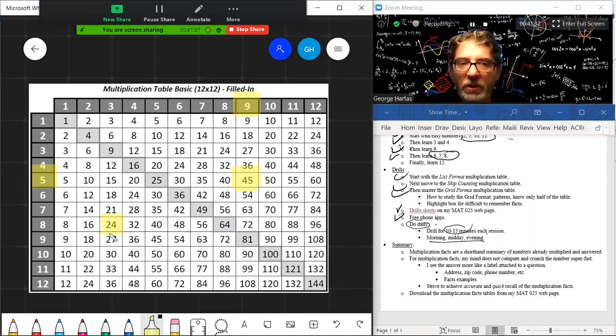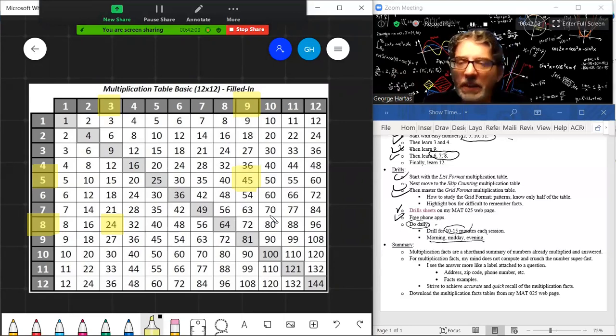The question is, what times what is 24? And the answer is 8 times 3 is 24. So you see that? When somebody says, what's 9 times 8? And I say 72, I did not sit there in my head and repeatedly add a bunch of numbers.